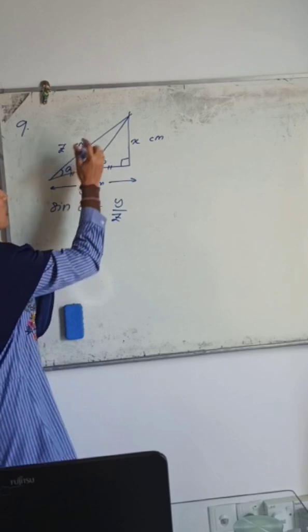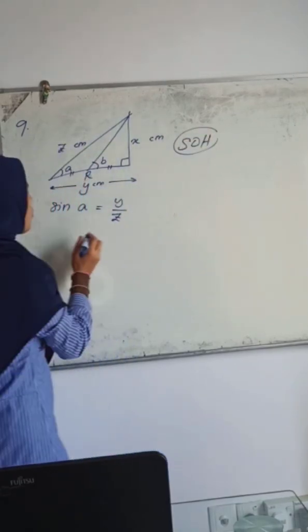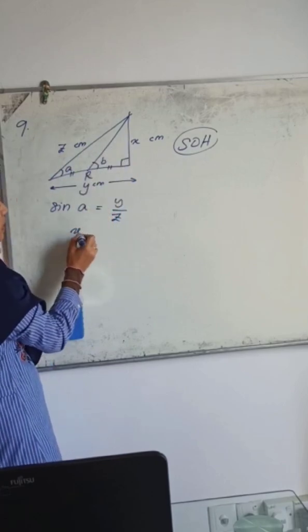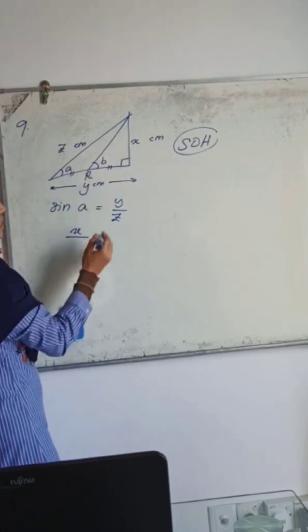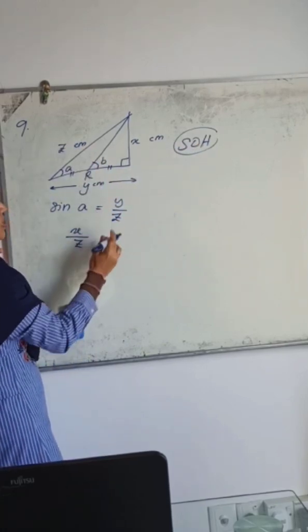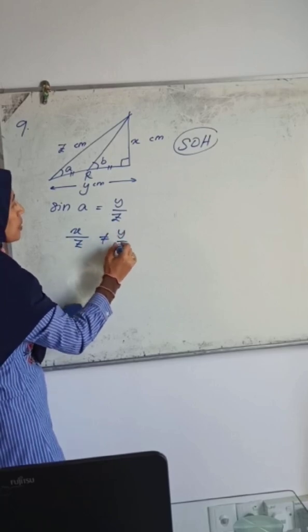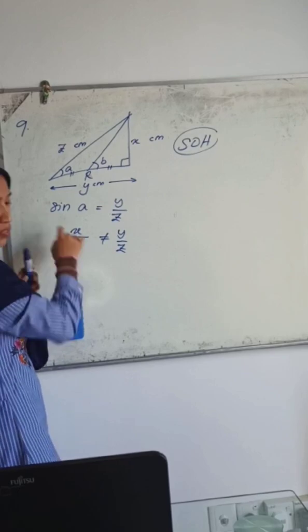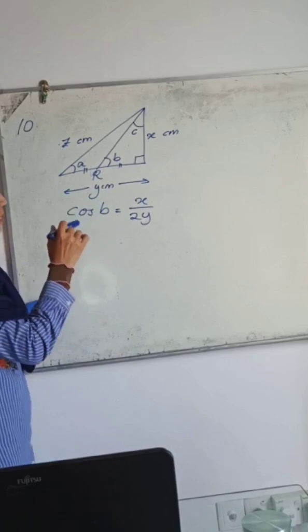So sine A, opposite of A is x, x per hypotenuse, hypotenuse is z, so x per z is not equal to y per z. So the statement is false.